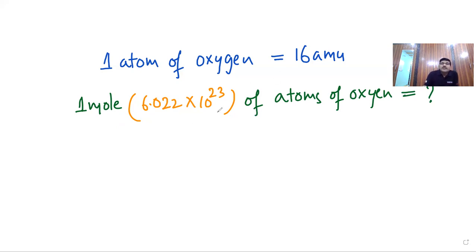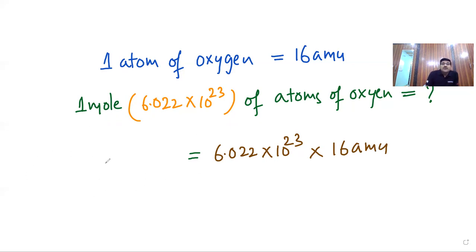Just cross multiply this. That is equal to 6.022 into 10 to the power of 23 into 16 AMU.